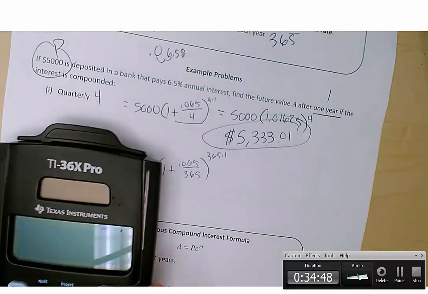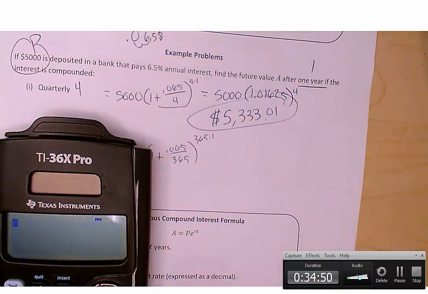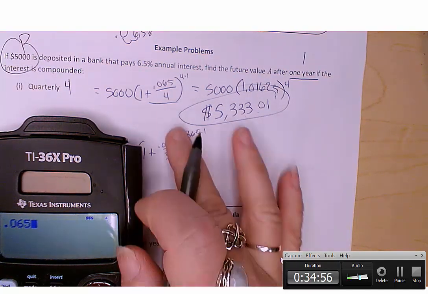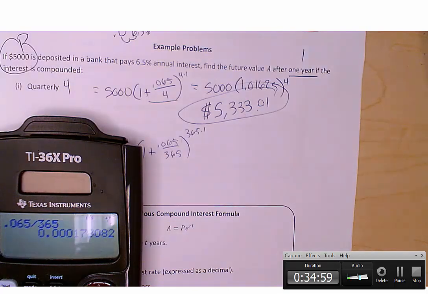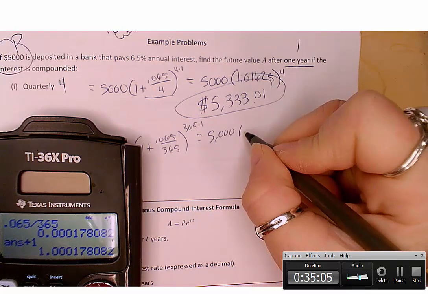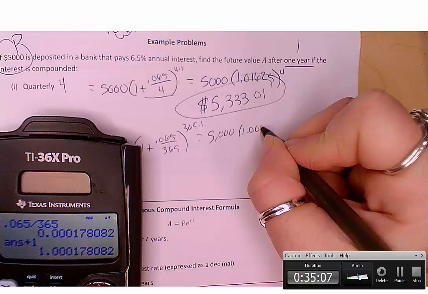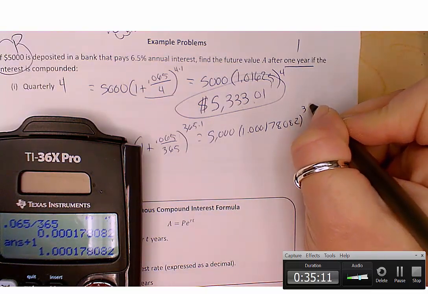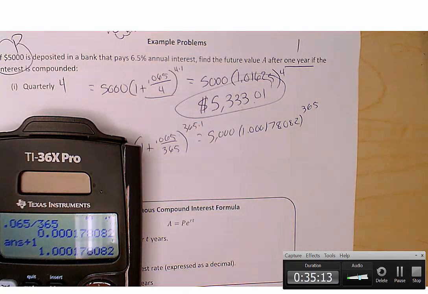Doing some simplifying here. I'm going to simplify the inside. We have 0.065, right? Our numerator here, divided by 365. And we're going to add the 1. So the inside of our parentheses is going to be 1.000178082 raised to the 365th power.